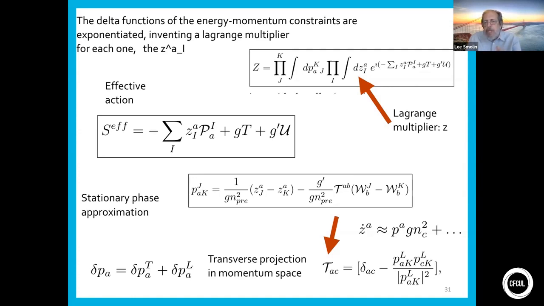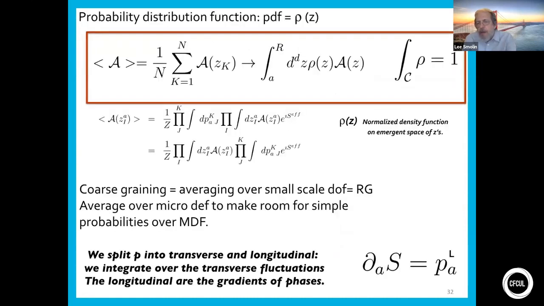And then we go to the stationary phase approximation. There's here a number of details I'm skipping. We split the fluctuations into transverse and longitudinal. The longitudinal, of course, are the gradient of a phase. So that's how we address the issue of how to get some of the momentum coded as the gradient of a phase.